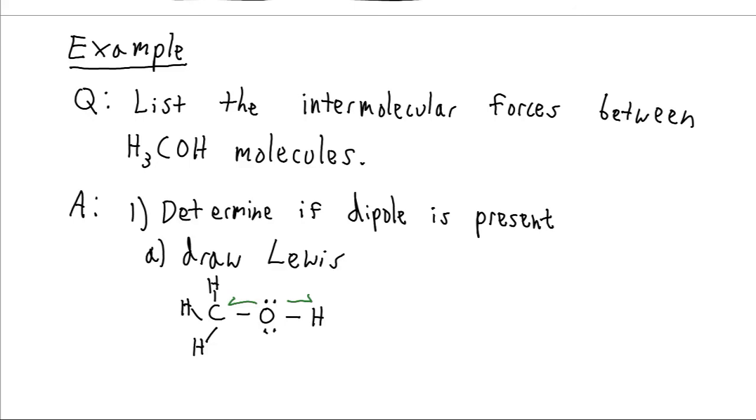Now we have to figure out, in the actual three-dimensional molecule, if we continue to have a dipole, or if these cancel out. So what I would do is look up my geometry for a central atom with 4 things bonded to it.